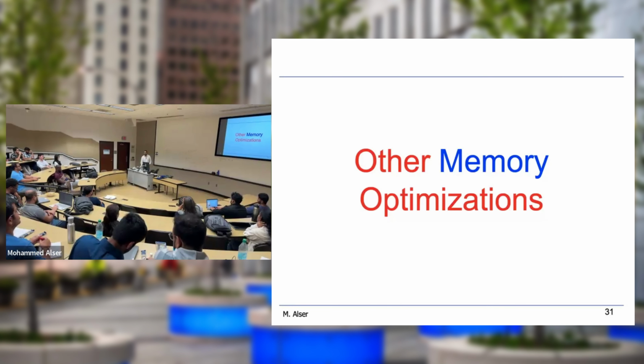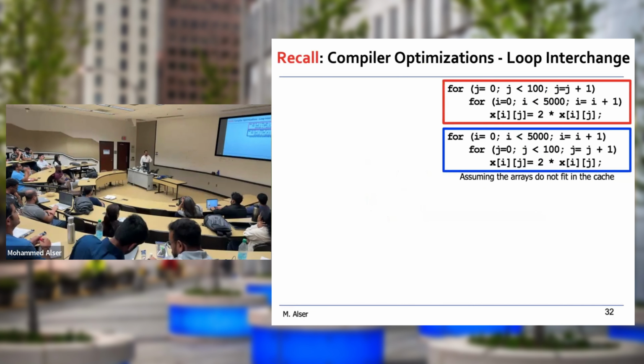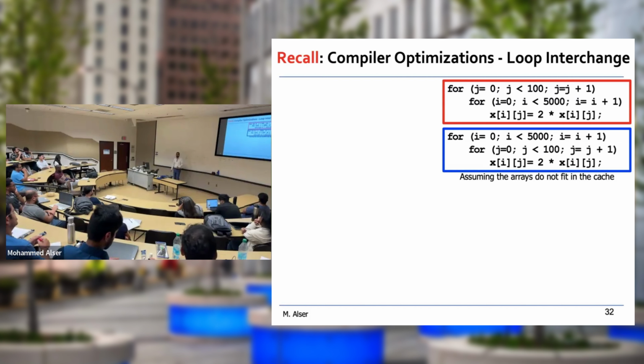Other memory optimizations. The first one, hopefully we know by now, is the row major approach, which is loop interchange.